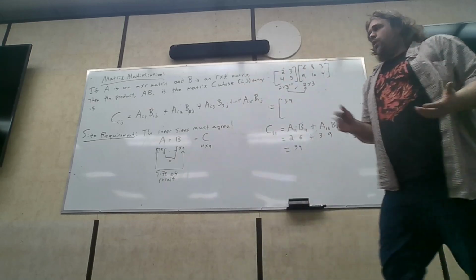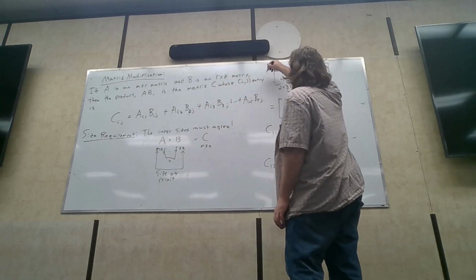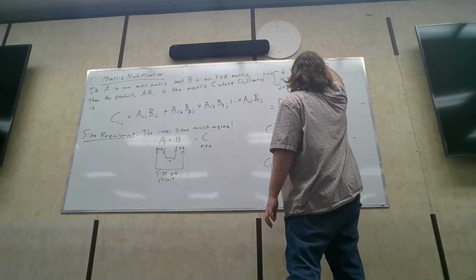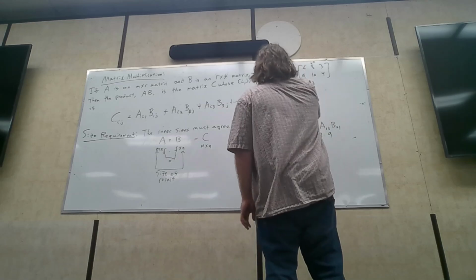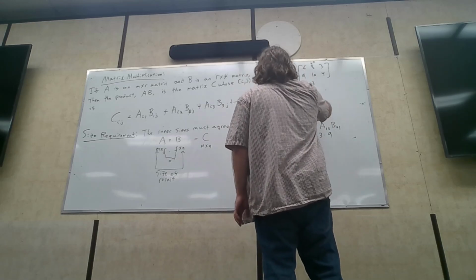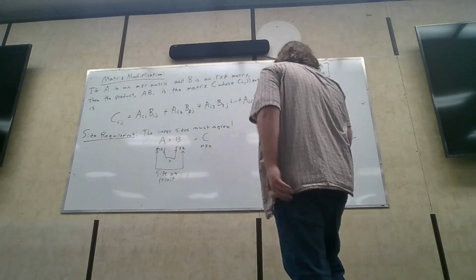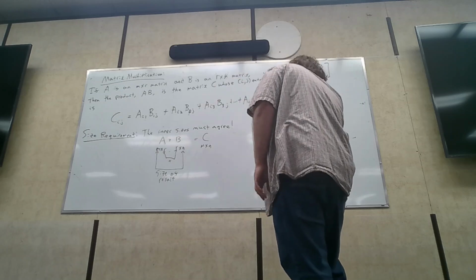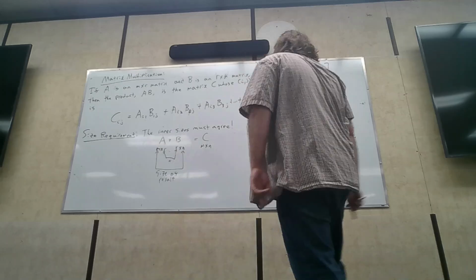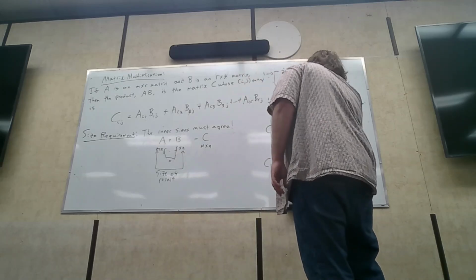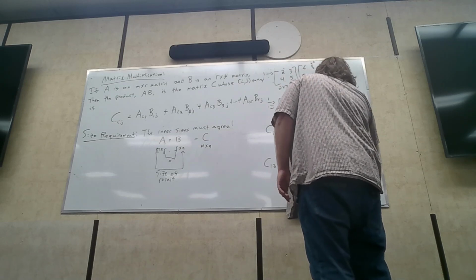So let me show you what I mean with the second one. Let's say we wanted C12. So that's row 1, column 2. Give me that number right there. So let's use this formula. So I is 1, A11 times B12, plus A12 times B22.